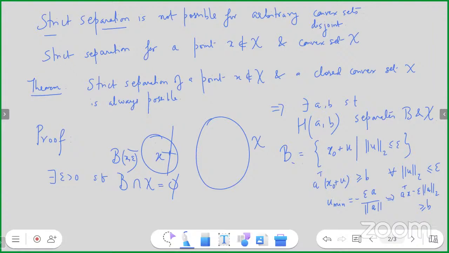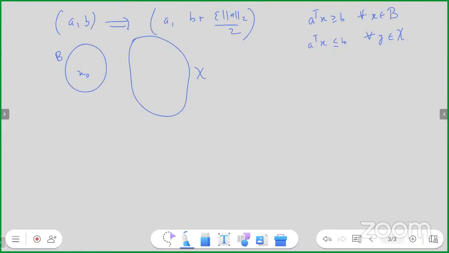So you can really think of this affine function, f of x equal to A transpose x minus b minus epsilon norm of A over 2. Is f of x0 greater than 0 is all you need to check. Right? I can write that hyperplane equation as nothing but this. All you need to check is whether this is greater than 0 or not. And is it true by our choice?